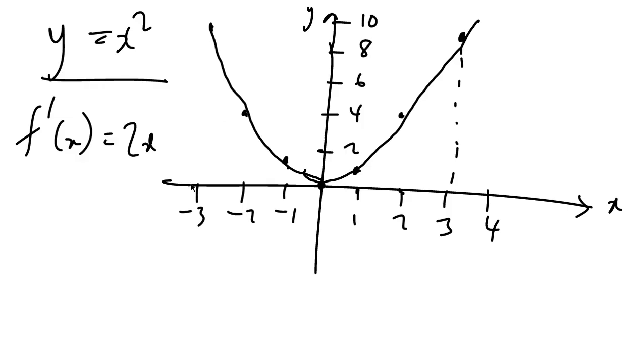So if we determine the slope at x equals minus 3, if you substitute minus 3 in the slope, that's the slope at this point. 2 times minus 3 is minus 6. That means the slope at this point is minus 6. At minus 2, the slope is minus 4. At minus 1, the slope will be minus 2, right? I'm just substituting these values in the slope. At x equals 1, it should be 2.